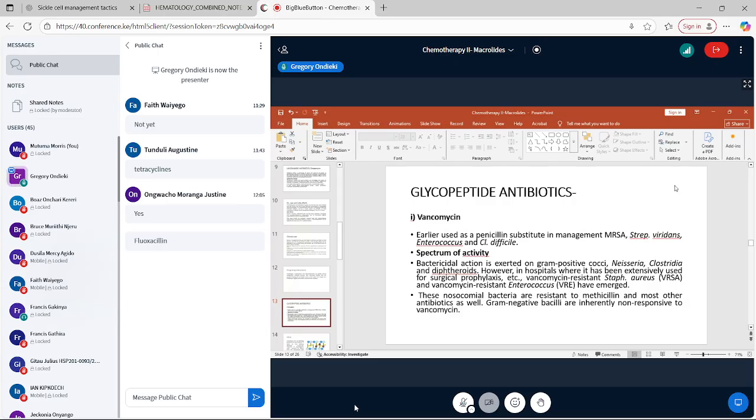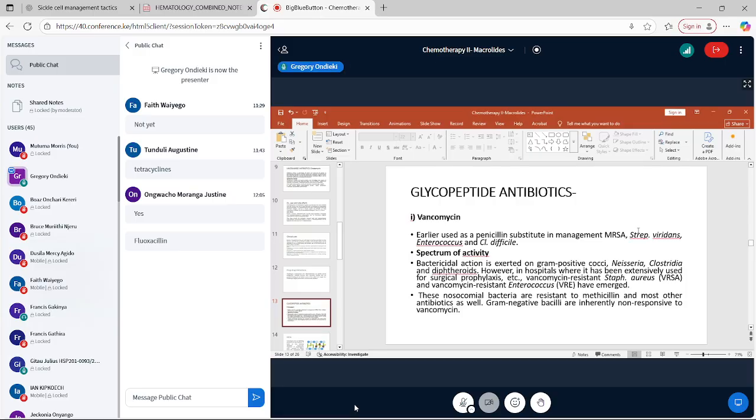Then we talk about also an important penicillin alternative, which is vancomycin. Early on, it was a very good substitute for penicillin in management of MRSA. Spectrum of activity, you expect it to, from the mode of action, which we shall see shortly, affect mostly the gram-positive cocci, Neisseria, diphtheroids.